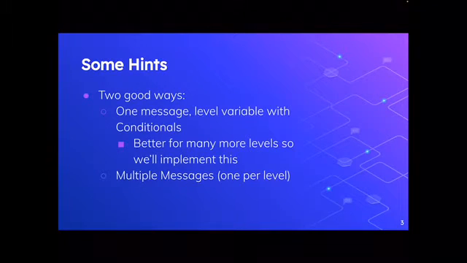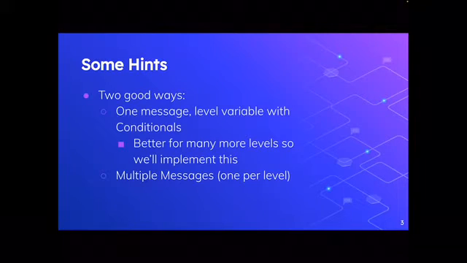So you set level equal to level plus 1. This is really good for a lot of levels, because if you have tons and tons of levels, it's going to be really annoying to have a message for every single level. So we can try to implement this.